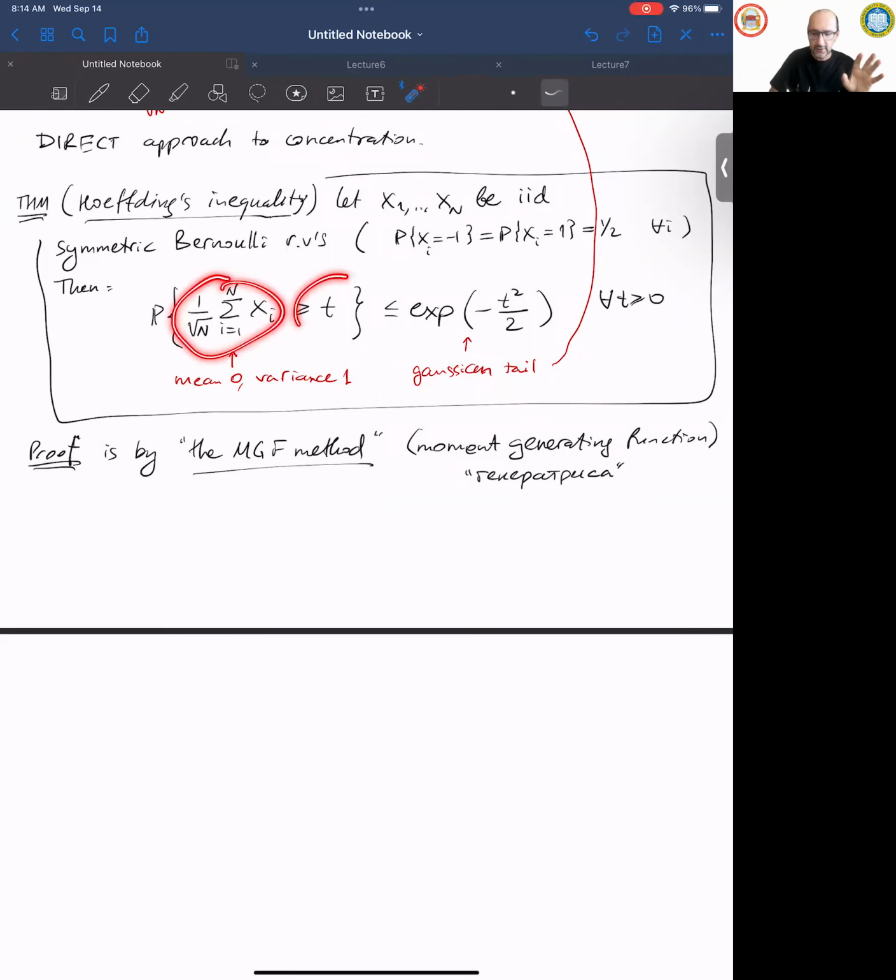Square both sides and apply Markov, and we get t squared, an improvement. Now we want an exponential improvement. So instead of squaring both sides, what's our best deal here? We should exponentiate both sides. Same thing, only better.